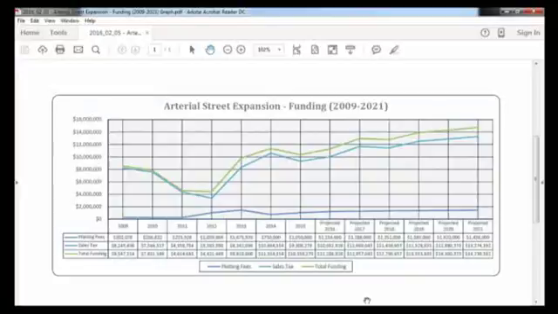They're pretty straightforward and simple. And like I said earlier, yes, we have arterial street needs, there's no doubt about it. But when we meet with the developers and talk to them about where we should be going, where their priorities are, they're not listing a street that's not already in our priority list.